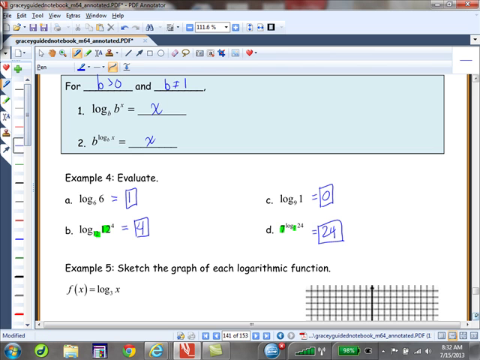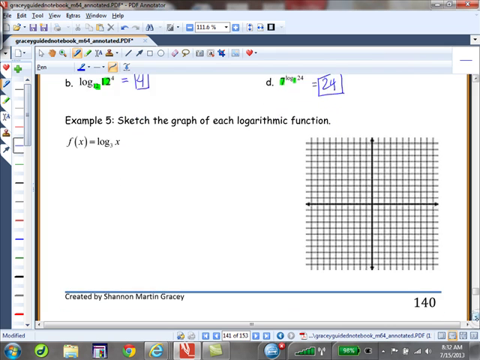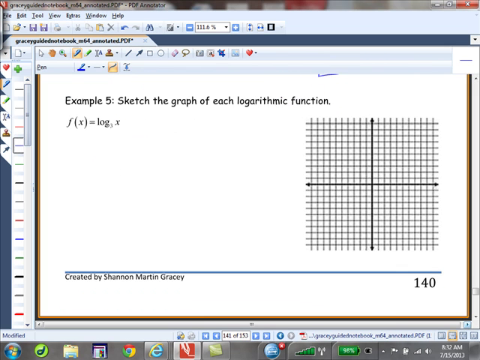Okay, so here we go. There's a couple of ways a person could go about doing this graph. It just depends on how comfortable you are graphing exponentials. You could graph the exponential and then reflect across the line y equals x to get the graph of this, or you could just graph it directly.